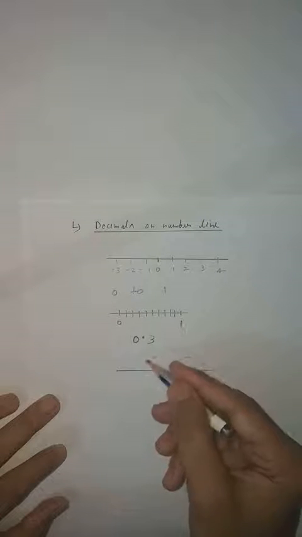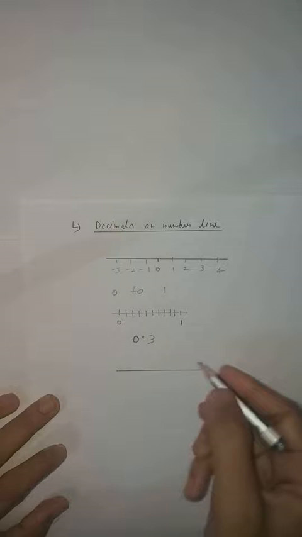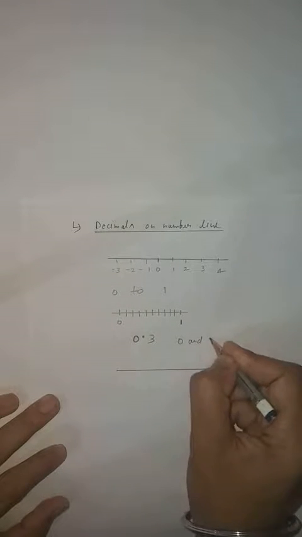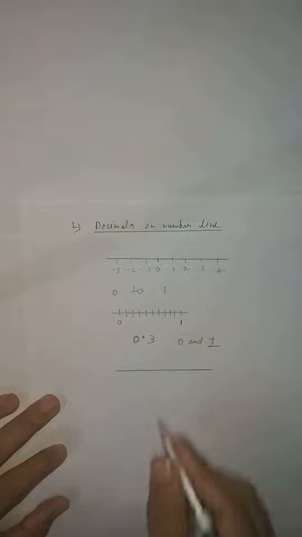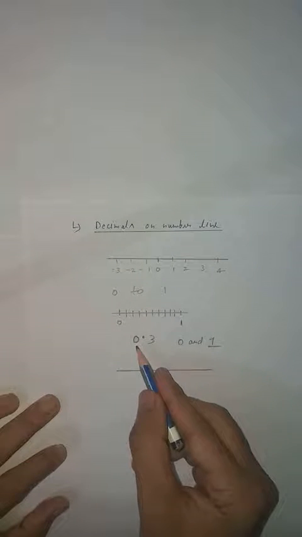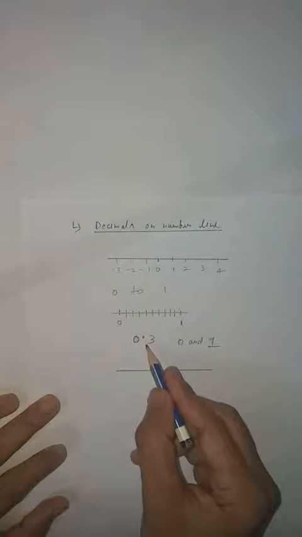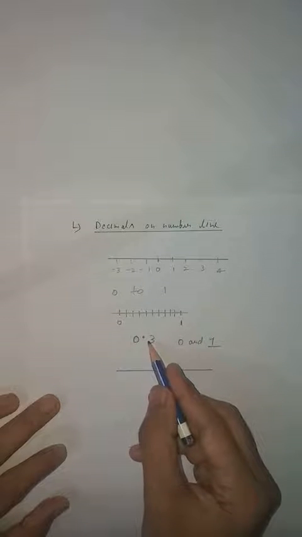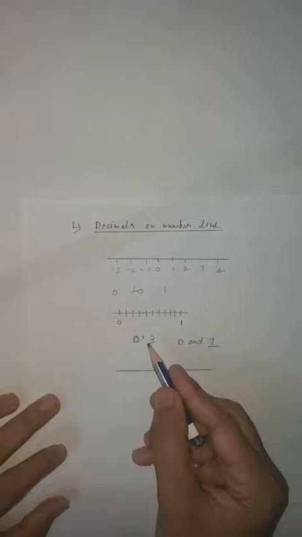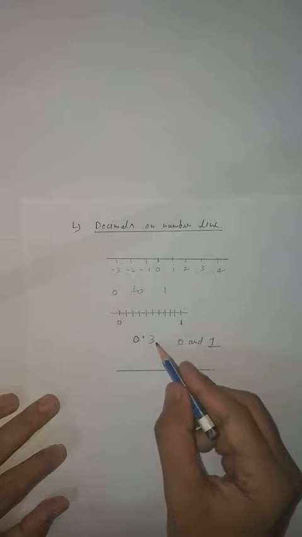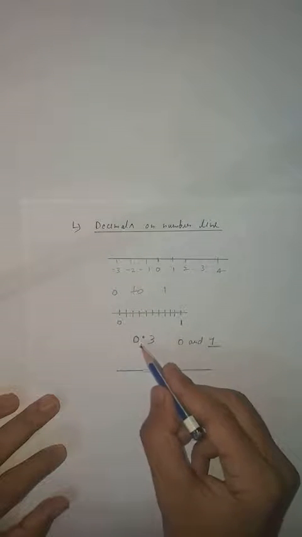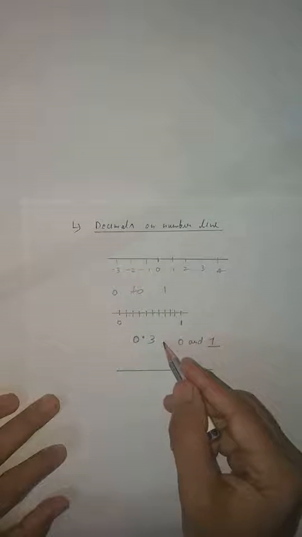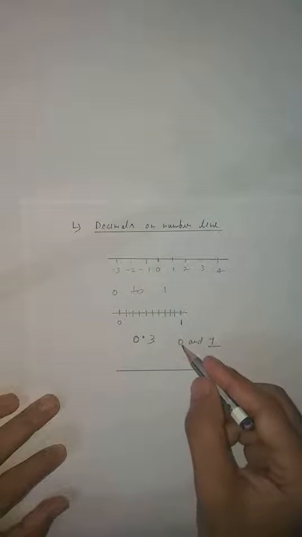You can easily say, sir, 0.3 lies between 0 and 1. Clear, students? How? Because 0.3 starts from 0, and you know that this is the 10th place. I explained in the previous video what the 10th place, 100th place and 1000th place are. So this is the 10th place. Now you know that it starts from 0 and goes up to 0.3, so it will be less than 1. Clear, students? This will come between 0 and 1.